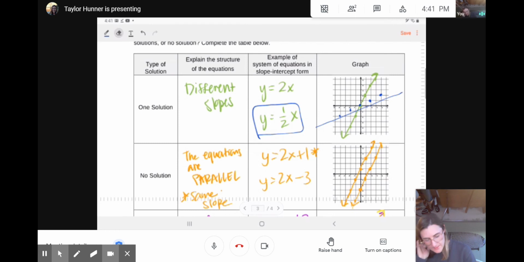Oops, that's a bad line. So my point of intersection just so happens to be the y-intercept in this case. That won't always be the case if they had different y-intercepts. But the only thing that two equations need for one solution is different slopes.